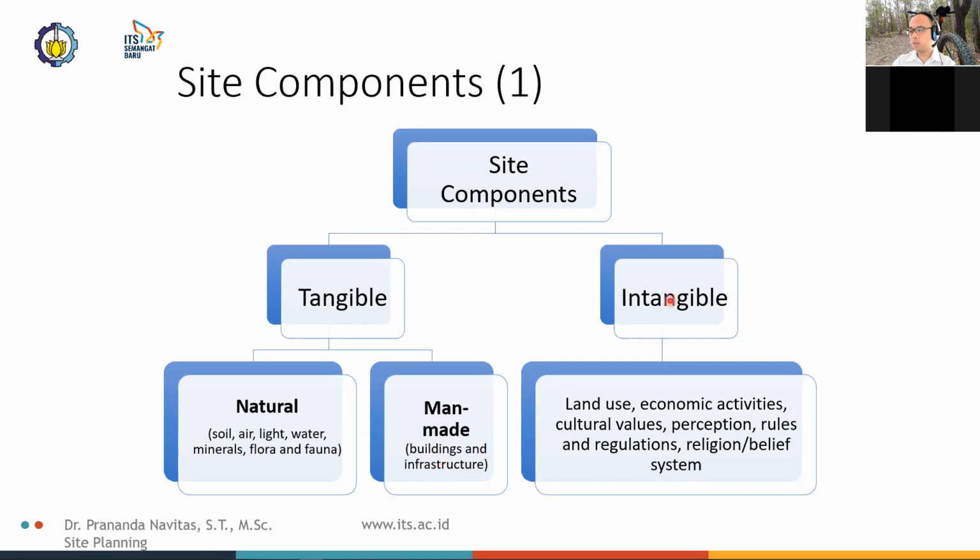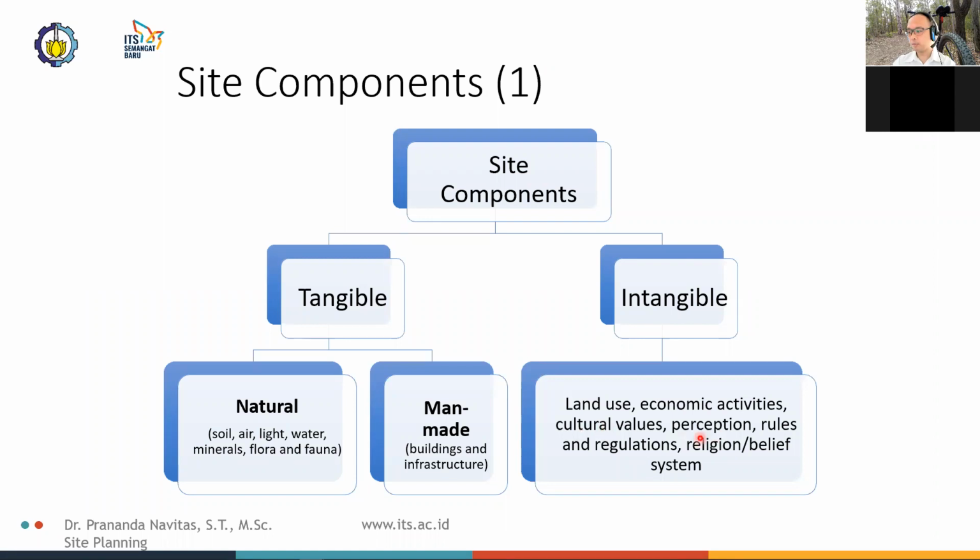And then you have intangible components. Perhaps there's an existing land use or land uses, existing economic activities within the site and around the site. Perhaps there are cultural values that you might need to consider before developing a site.